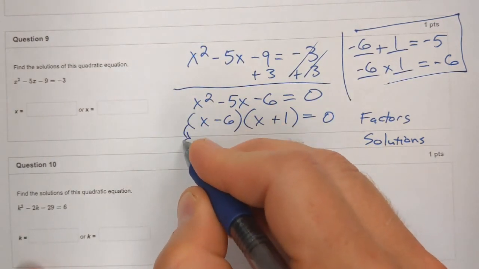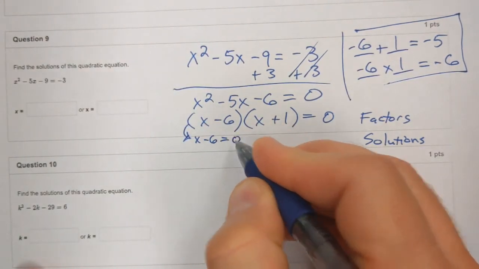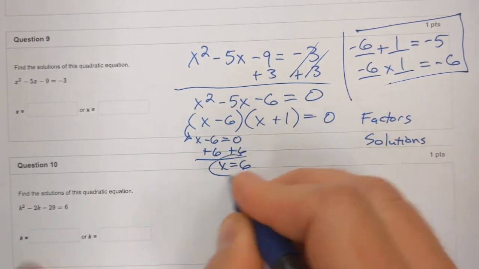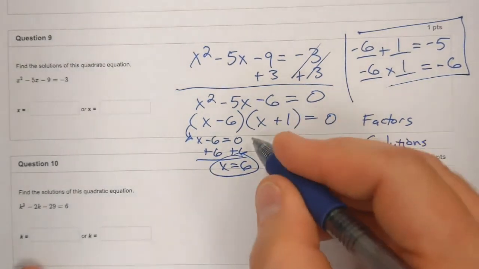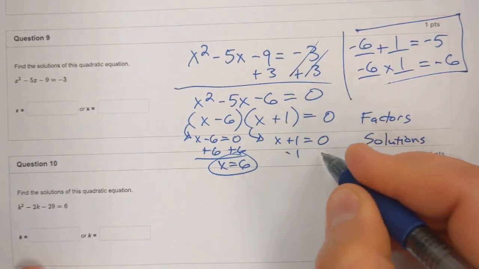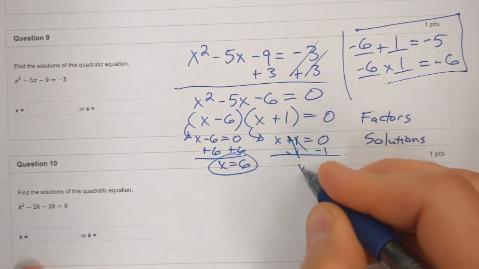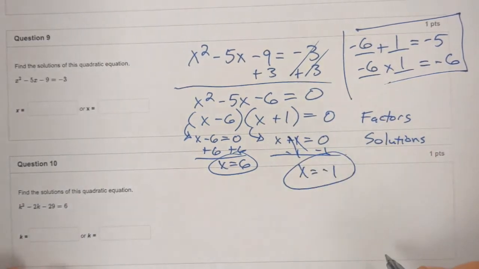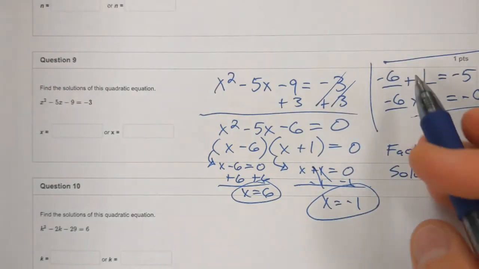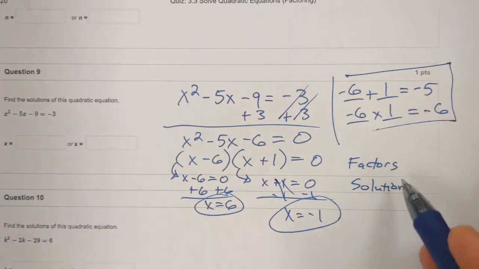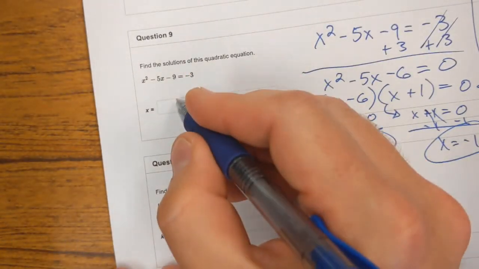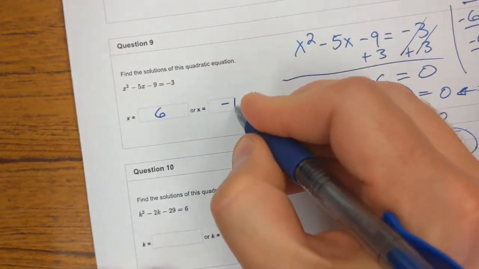If you set x minus 6 equal to 0, well, the solution comes out to +6. And if you set x plus 1 equal to 0, well, then the solution comes out to -1. So for my solutions, make sure, even though my factors were a -6 and a +1, my solutions are the opposites of that. My solutions are 6 and -1.